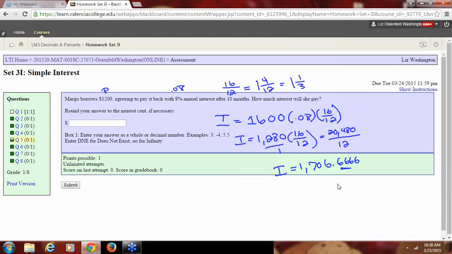Yeah, that should have been it. Let's see. This one's just giving me a hard time today, huh? Let's see. Why didn't it like that? Near cent. 67 cents.